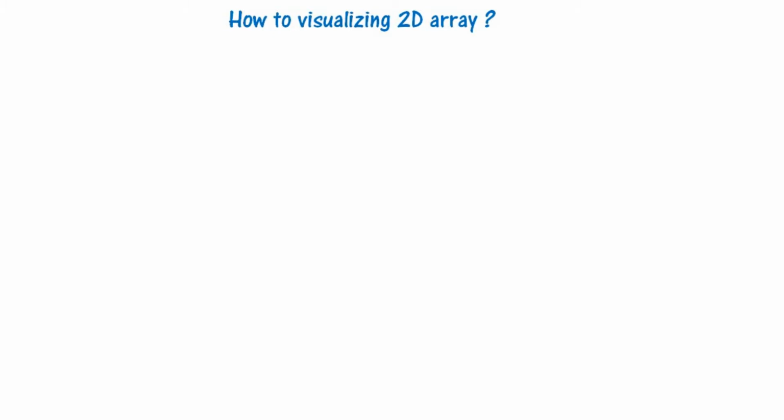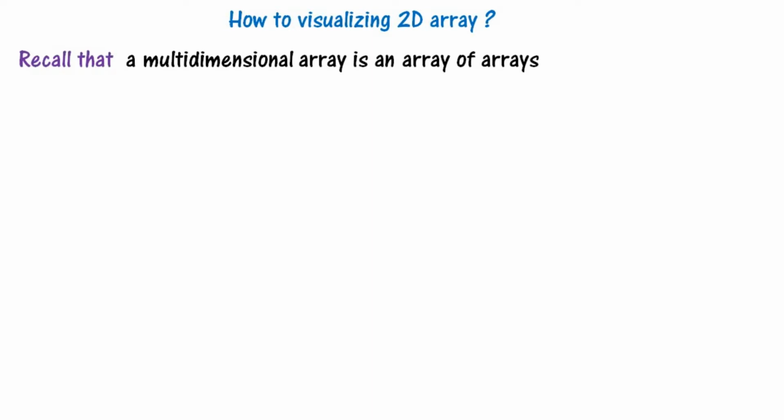Now, addressing our first question, how to visualize a 2D array. Recall that a multidimensional array is an array of arrays. That is the combination of multiple arrays. And please also recall how to declare a 1D array.